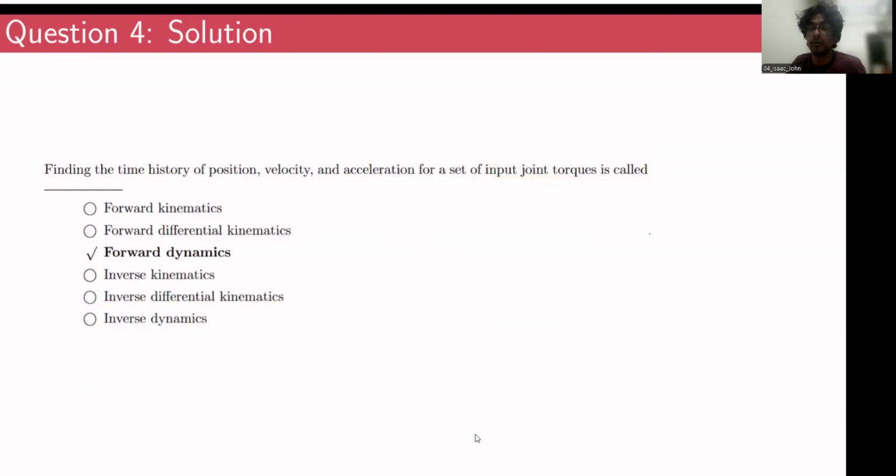So because of the involvement of torques, that instantly becomes a dynamic problem. Now, the only process is to identify whether it is a forward dynamic or an inverse dynamic problem, right? Because of the involvement of joint torques, all the kinematics can immediately be ruled out.